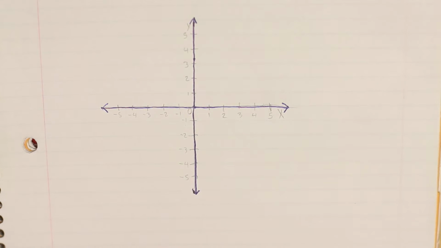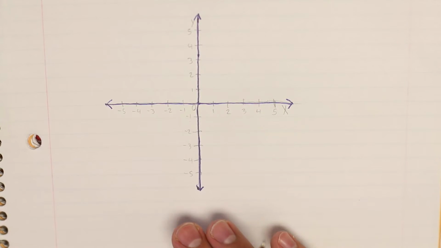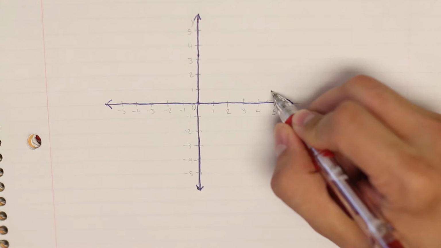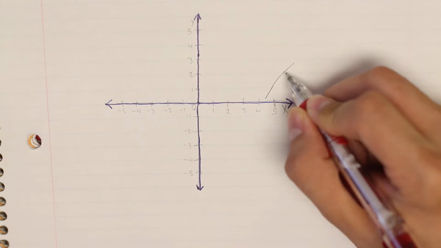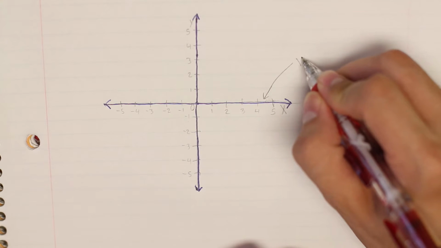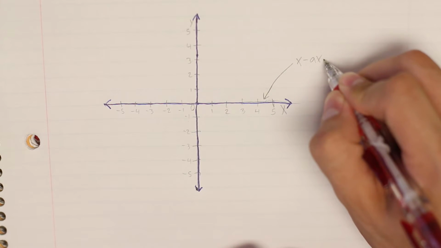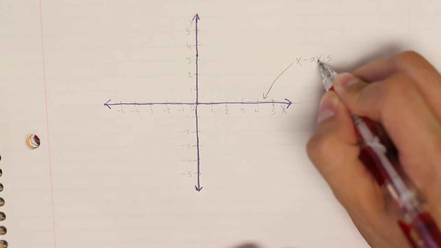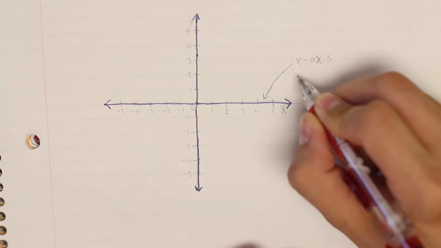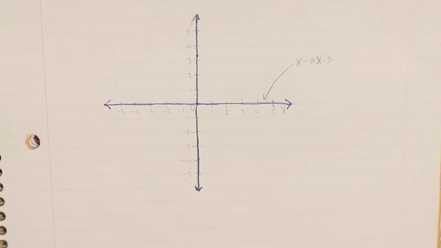We need to label this. So hopefully at this point you paused the video, you have this drawn. Now we can label this a little bit. So first things first, let's label this line right here. That line right there is called the x-axis. Okay? The x, does that look more like an X? So the x-axis, that's what this one is called.